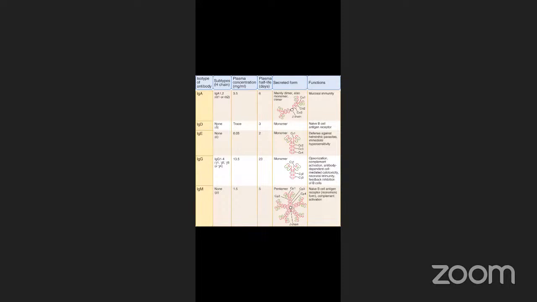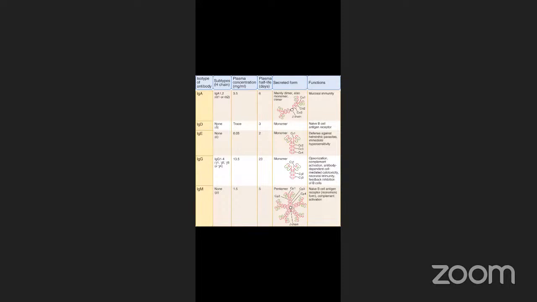Functions of the immunoglobulin classes I will explain in detail, but just now I would like to mention the structure, whether these molecules are monomers, dimers or pentamers. I have displayed this image for that purpose only. Immunoglobulin A is a dimer, sometimes a trimer also, but immunoglobulin D is always a monomer, and immunoglobulin E is also a monomer. One monomer is the structure we discussed.